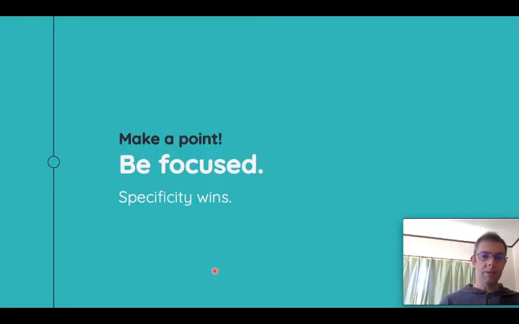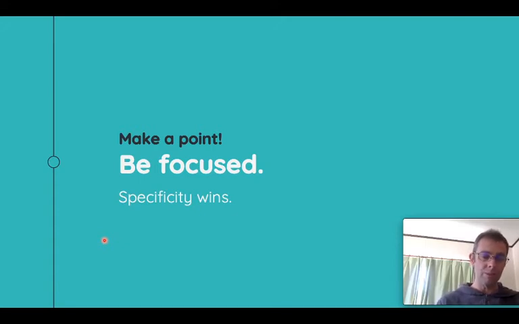So the key thing with really good essays, really effective essays, is that they make a point, they're focused, and they always have specificity. So just remember these 3 points, and it really comes down to having really focused and high quality topic sentences.